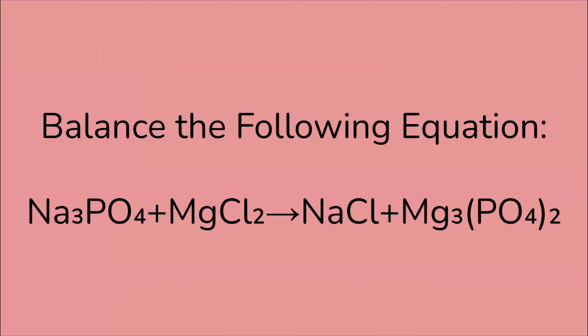Starting from our first reactant, you'll see that we have Na3 and PO4. In this case, if we wanted to balance it out on the table, then we could leave the PO4s intact since it's the same on the reactant side as well as the product side. But for simplicity's sake, we're going to keep everything as its own element.